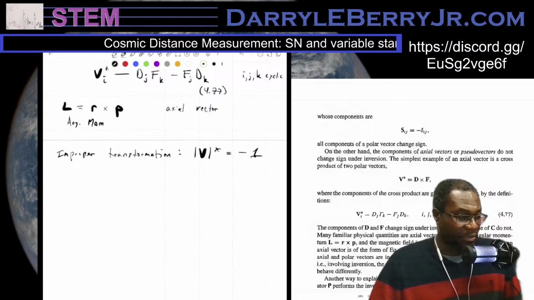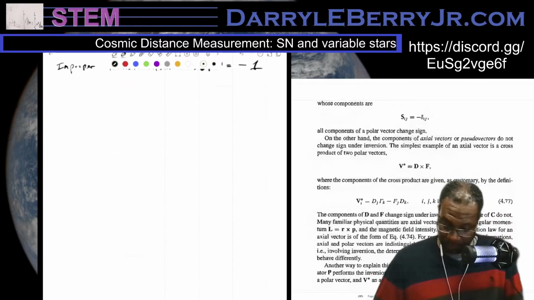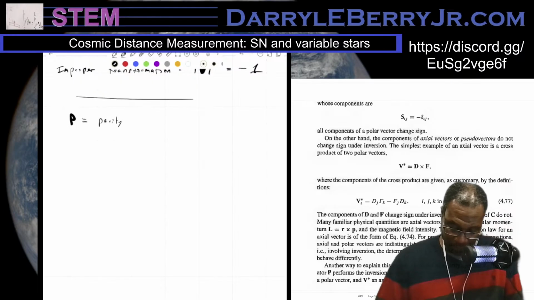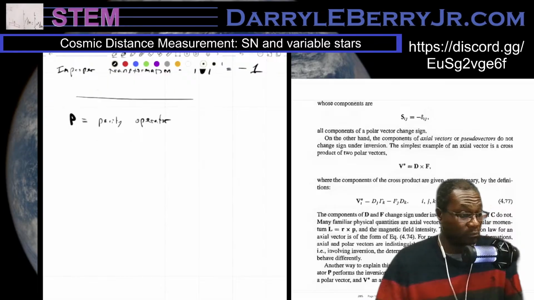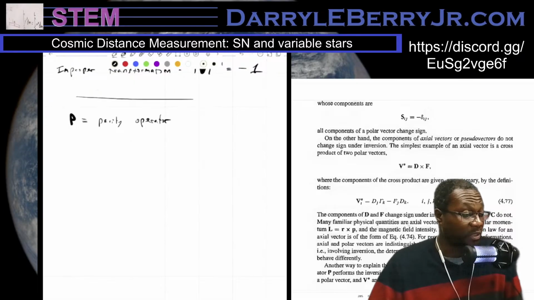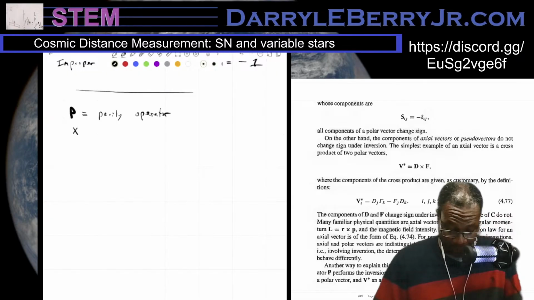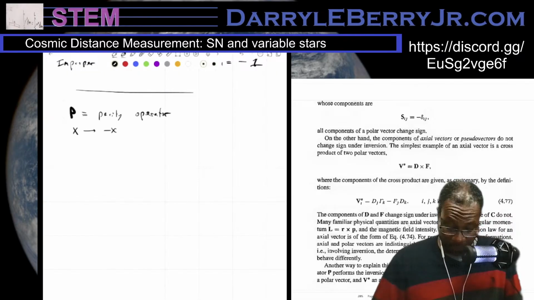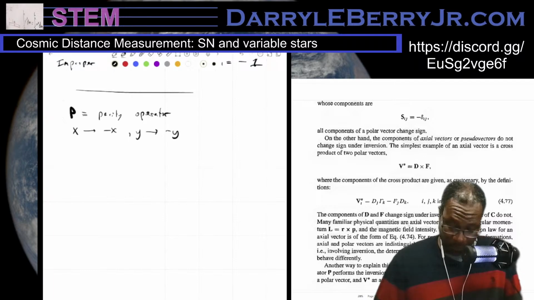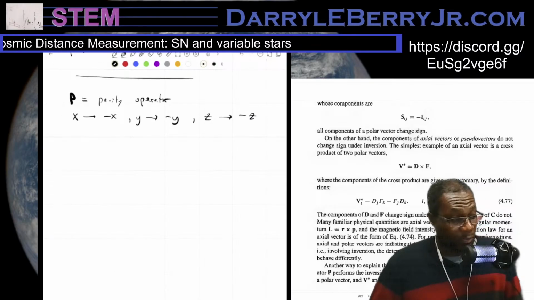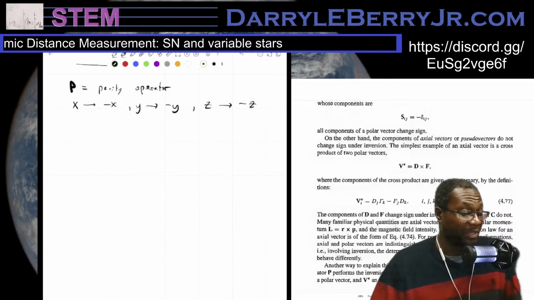Another way to explain this property is to define a parity operator P. The operator P performs the inversion, if F is a scalar, V a polar vector, and V prime an axial vector.